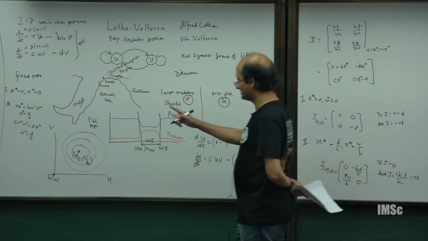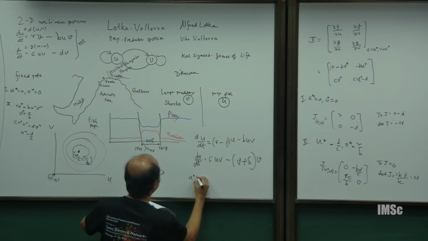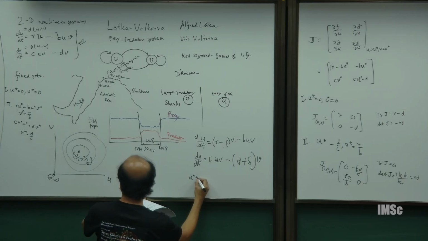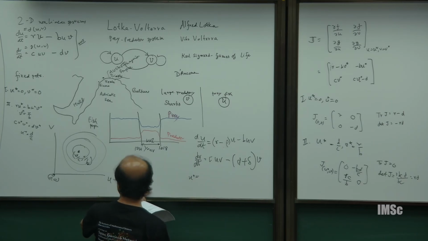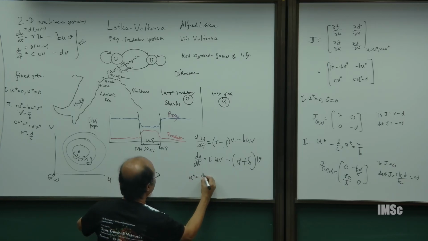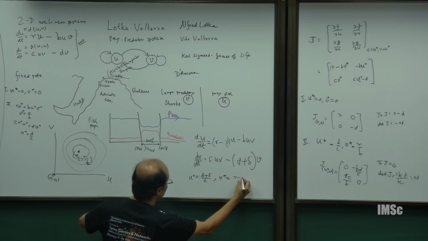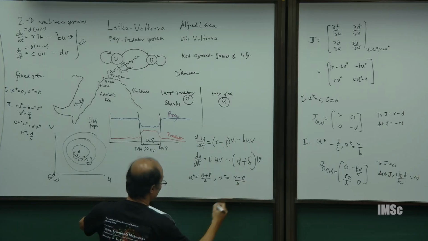And so, now what is the non-trivial fixed point? Can anyone tell me? So, u star will be, so d has become d plus delta, and what will be v star? R minus rho by b.